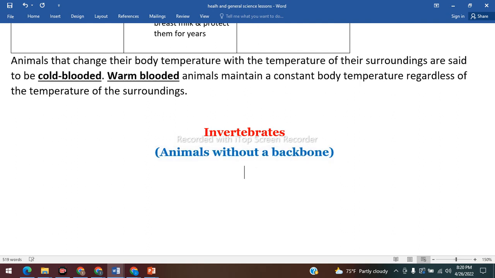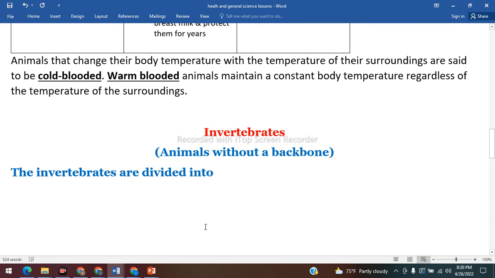So into how many phyla can we separate the invertebrates? The invertebrates are divided into how many? Not 10.